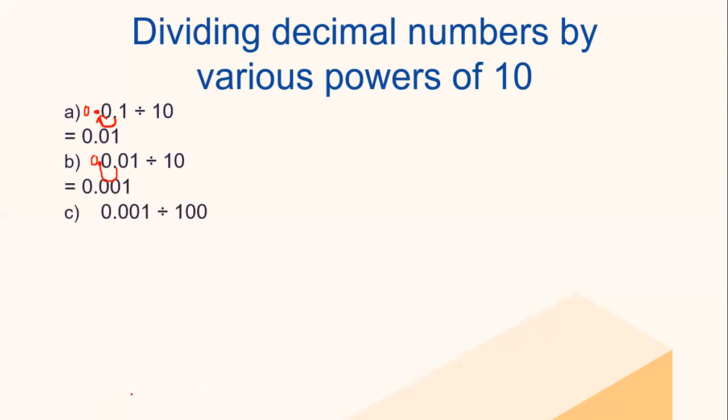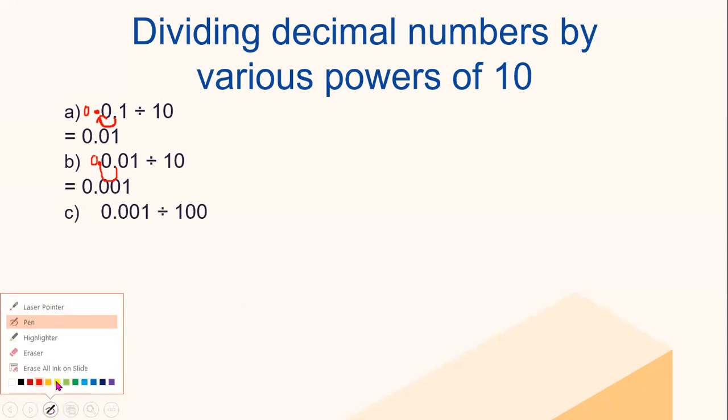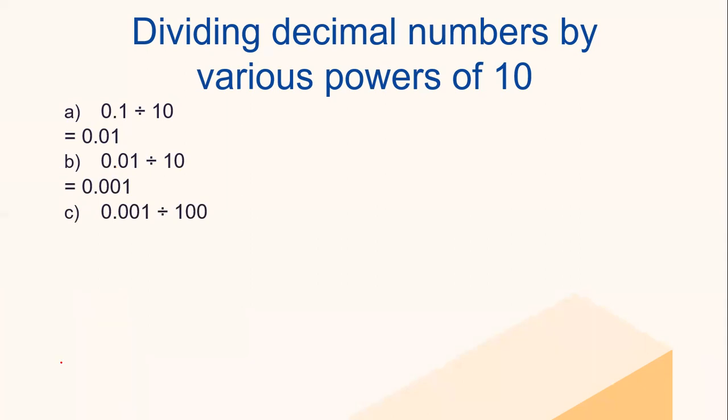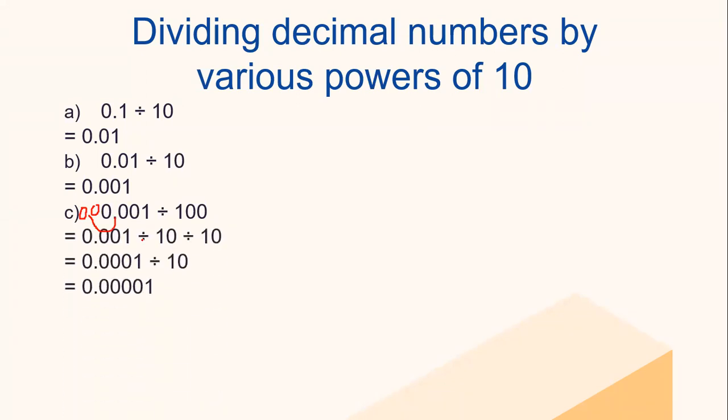This one, if you divide it by 100, then 0.0001. Here I'm going to add two zeros, that means two steps it should go, right? Or you can divide by 10 twice also. You will get the same result.